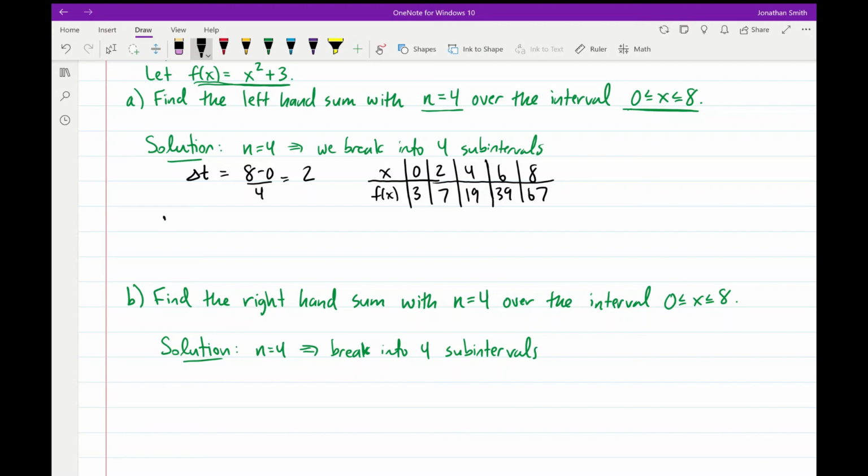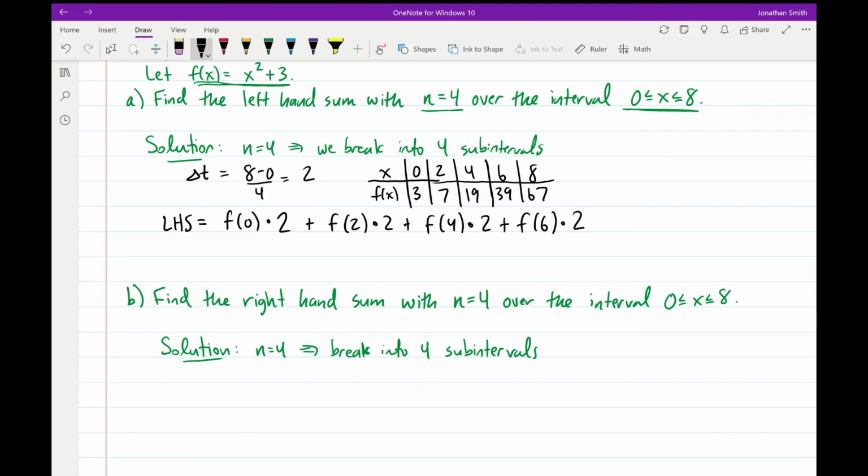All right, and to get the left-hand sum, we're going to take the value of f at the left-hand side of each of these subintervals. So f of 0 times the length of the interval plus f of 2 times the length of the interval plus f of 4 times 2 plus f of 6 times 2.